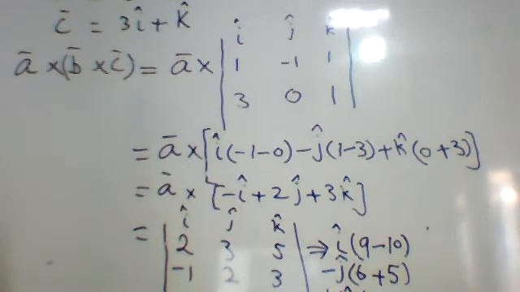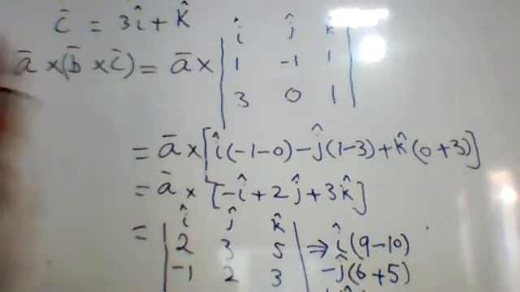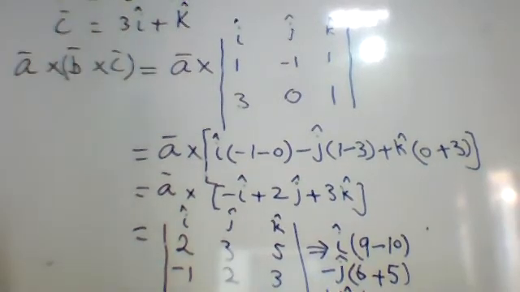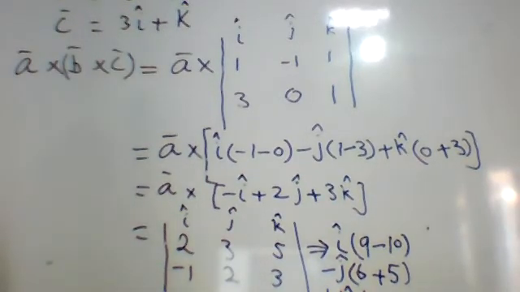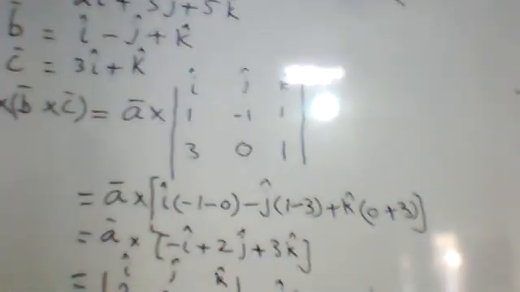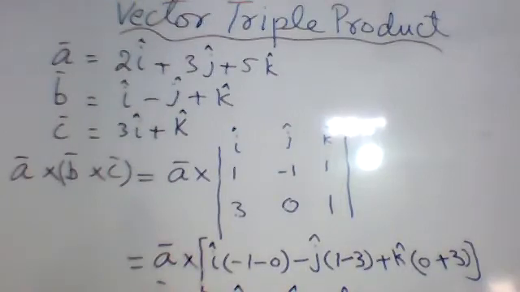For example, with the same vectors A, B, C, we are finding the scalar triple product.